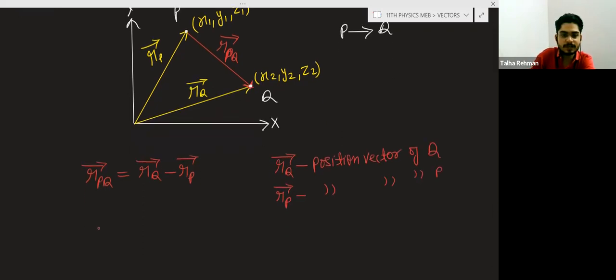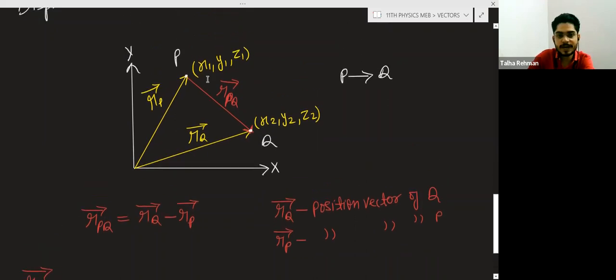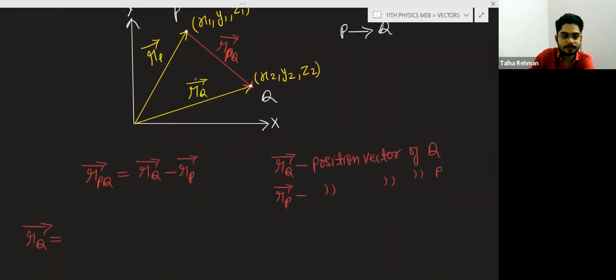So how will you write the position vector of Q? You will write x1 i cap plus y1 j cap plus z1 k cap, and the position vector of P, see the coordinates of P, x2 y2 z2, you will write x2 i cap plus y2 j cap plus z2 k cap.